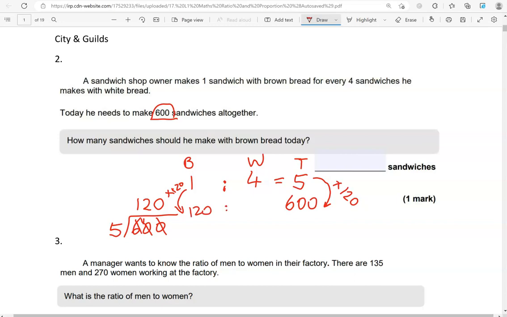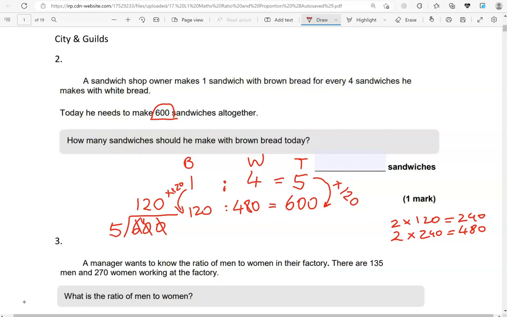And 4 times 120, what is that? So if you do 2 times 120, that is 240. If you double that, it gives us 480. So 4 times 120 is 480. So he will need 120 sandwiches with brown bread and 480 sandwiches with white bread.